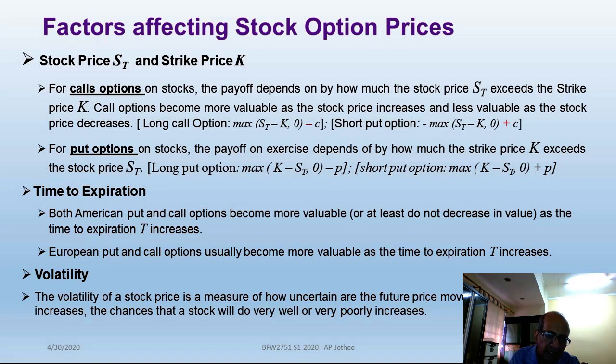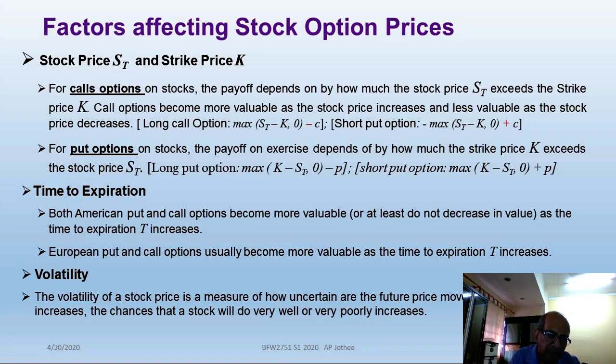If the K gets higher, the payoff will be higher. For a short put option, it is minus max of K minus ST. So if the K gets higher and higher, of course, you're going to have a higher chance of payout, but of course, you're going to earn the premium.